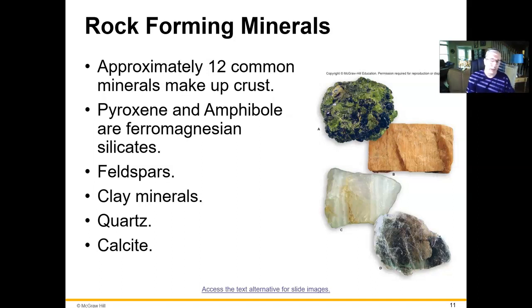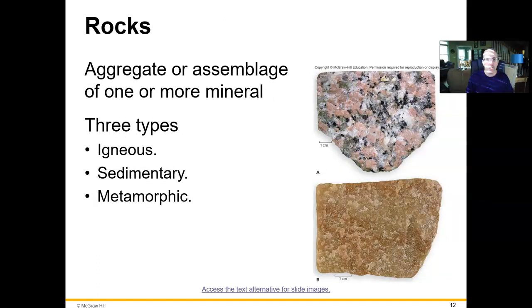Whenever we see the prefix ferro, that means iron. So you can have a rusting effect. If you see a sandstone that might have some iron in it, you might see it a reddish color. Magnesium, of course, is magnesium. So that's an iron magnesium silicate is basically what that's saying there. So again, I'm not going to get into deep detail on the chemistry, but do read over that. I'll have a few questions in your assignments on that. I just want you to have a basic understanding of how these are structured.